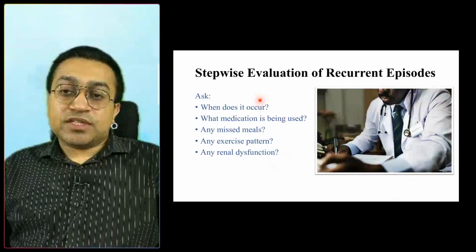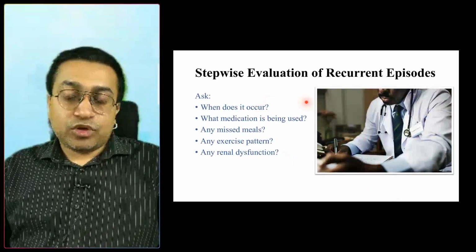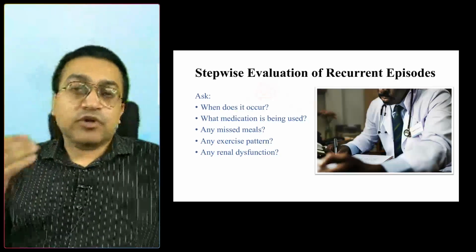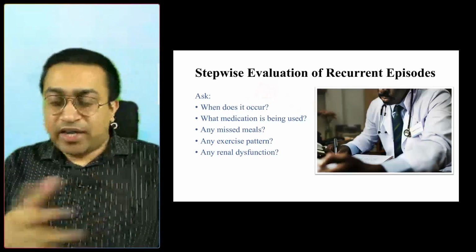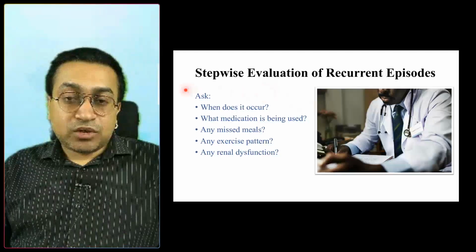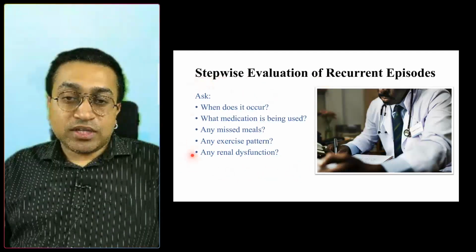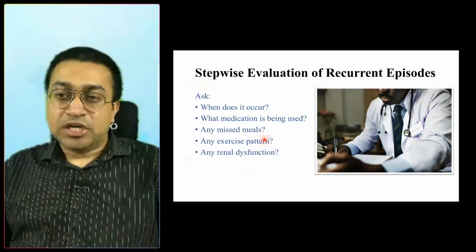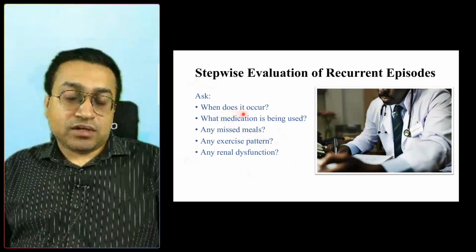Then stepwise evaluation of recurrent episodes. Now, as a doctor, or maybe your clinic staff, you have to advise them. If you have a high rush OPD, you have to mention to ask the patient all these questions. There may be multiple other questions, but these are must ask questions. Number one, when does it occur? Ask the duration.